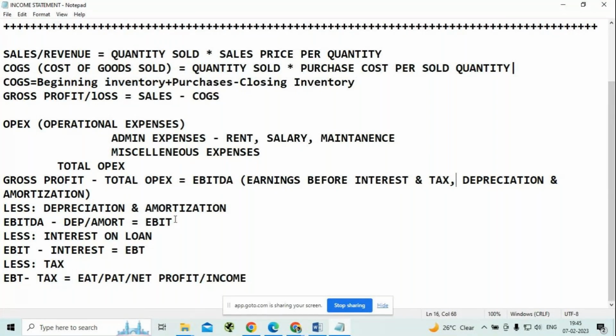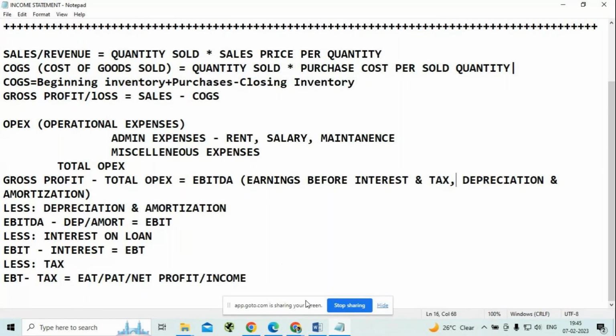The remaining thing is EBT, that is earnings before tax. Then minus tax amount gives you the final amount, that is earnings after tax or profit after tax, in case it is a profit, or net profit, net income, or net loss.